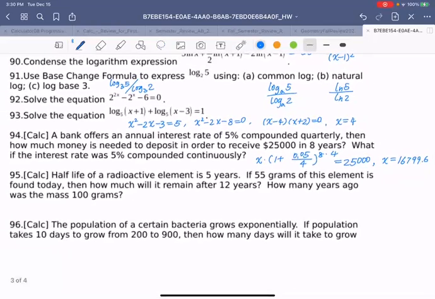Now let's see. What is the interest rate? If this one says compounded continuously, the continuous compound formula uses x times e to the power of 0.05 times 8, right?